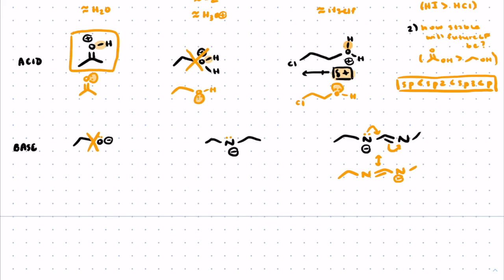So it turns out that the most concentrated negative charge, the most concentrated electron pair, is the nitrogen compound here in the middle with no resonance.